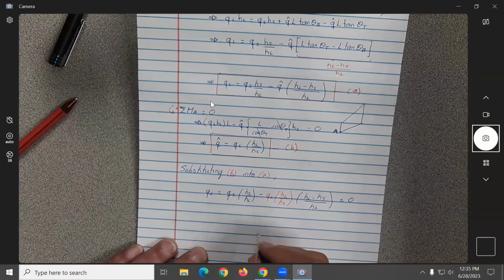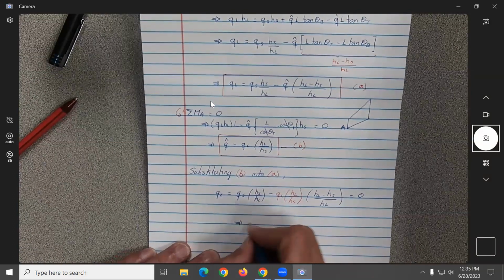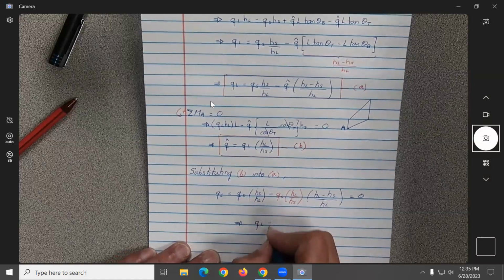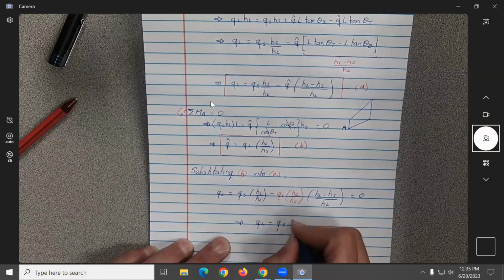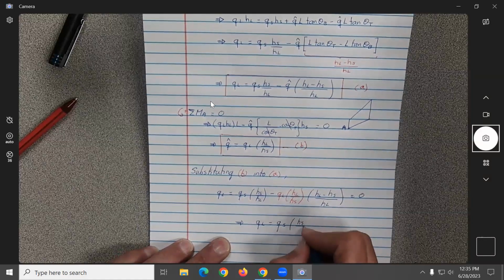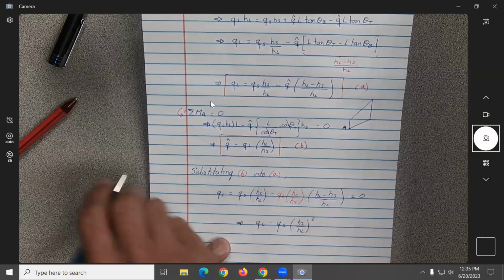This gives you at the end that Q sub L equals Q sub short H sub S over H sub L squared.